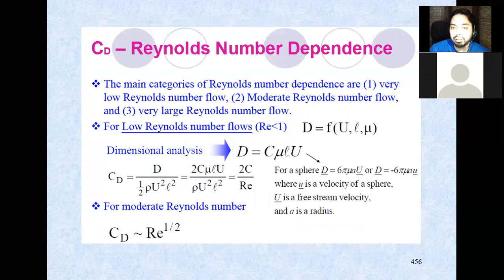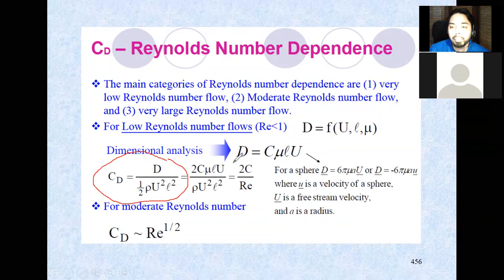For very low Reynolds number, for example, Reynolds number less than 1, the drag is a function of the velocity, the characteristic length, and the viscosity. If we do dimensional analysis, this is dealing with the effect of the Reynolds number on the drag.